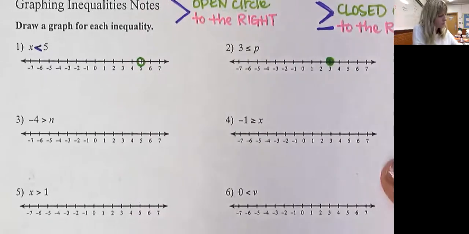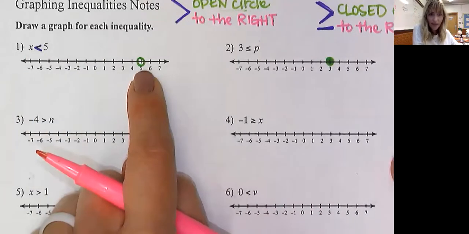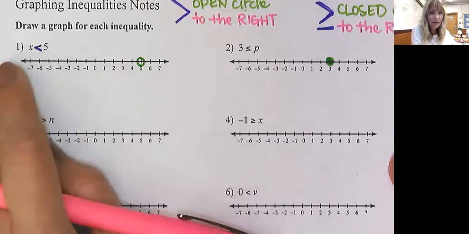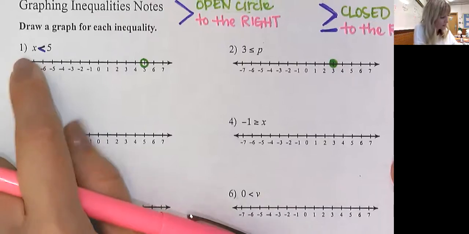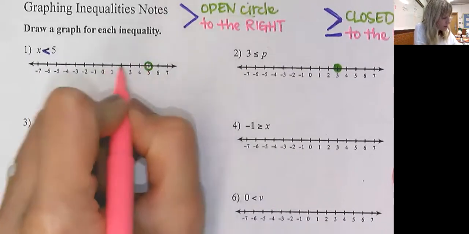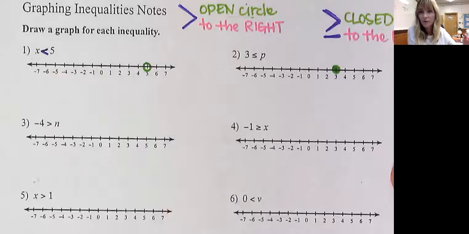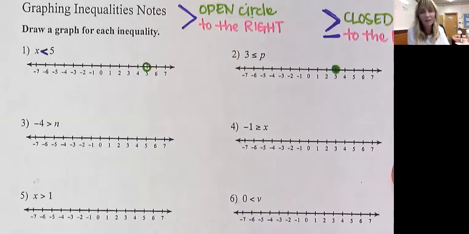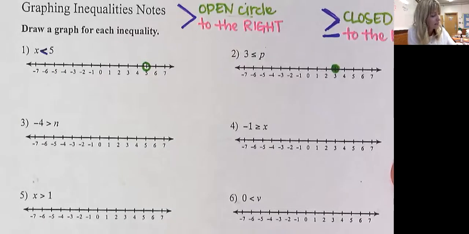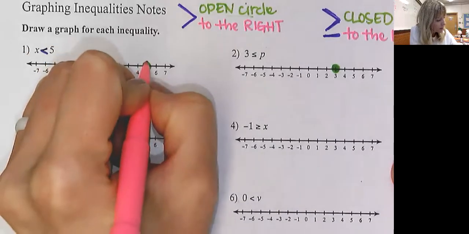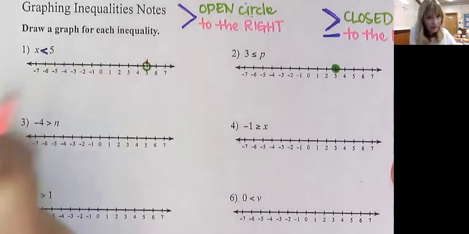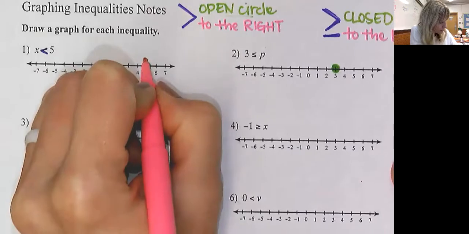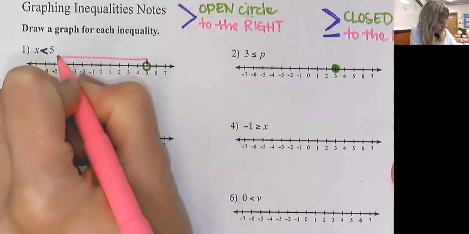So let's actually finish these graphs. So this one has an open circle at 5, and then it's supposed to go to the left. So the way that I show that, some people draw on the actual number line. I find when you guys do that with your pencils especially, I can't even see it. It's hard for me to see. So instead, I'm just gonna give myself a little space like that, and then I'm gonna show myself everything that direction.